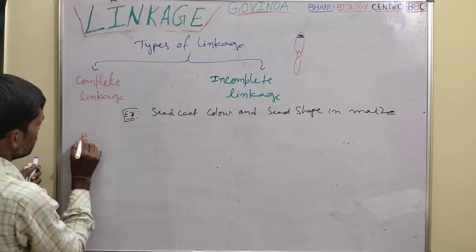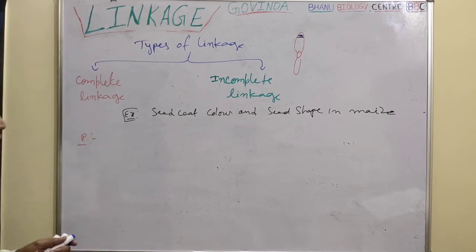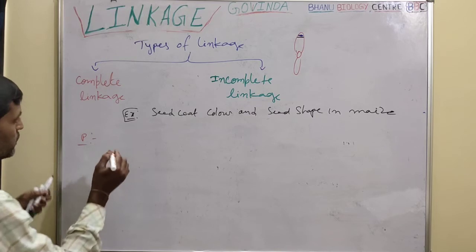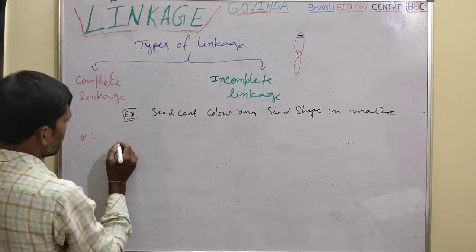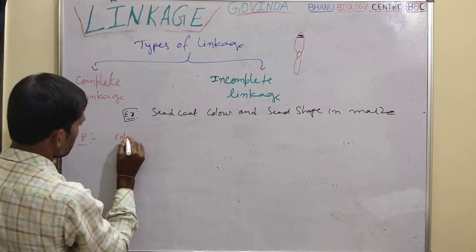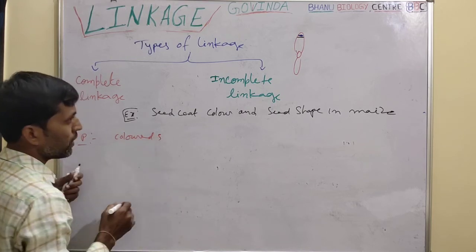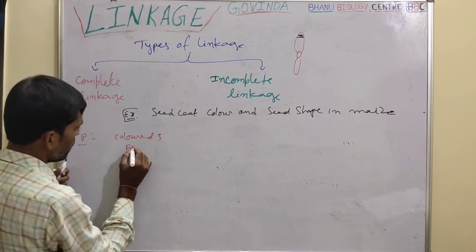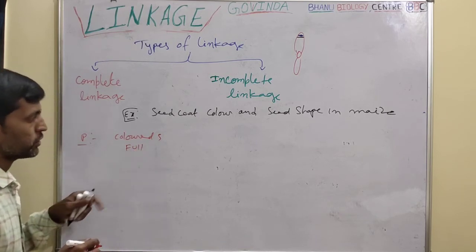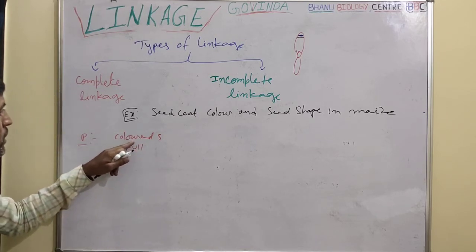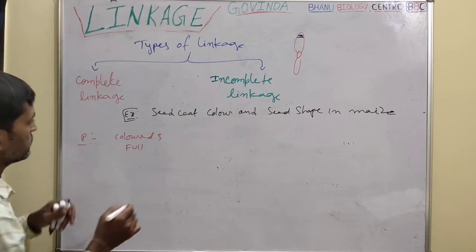In the parental generation, one parent has a colored seed coat and a full seed. The shape of the seed is full, and the color is present.